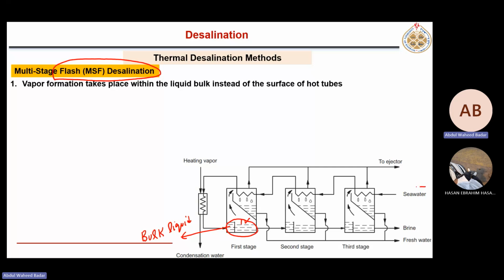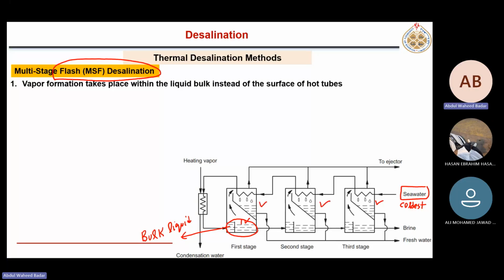Okay. So here, let's try to understand what is happening. Here is the seawater at around ambient temperature. It is now coldest. Now it enters into this third stage, then second, and then this is the first stage. Why is it the first stage?